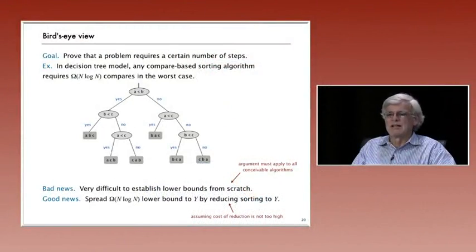Initially, there was a lot of optimism that we'd be able to have lower bounds as researchers worked more and more, and we'd be able to classify problems. It's actually worked out pretty difficult to get non-trivial lower bounds for all kinds of computational problems where people thought it would be easy. But the good news is that reduction allows us to take the ones that we have and spread the lower bound.